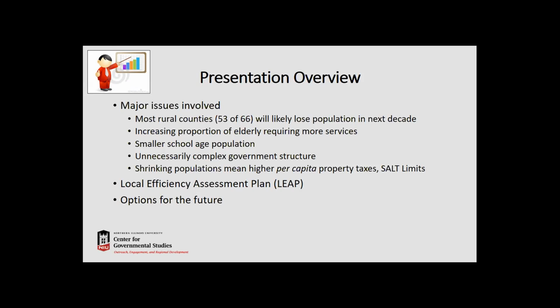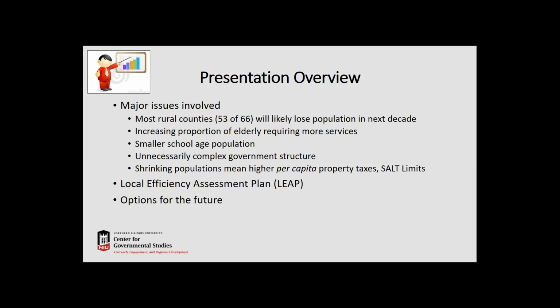So we developed this Local Efficiency Assessment Program. It came out of the governor's task force on government consolidation and unfunded mandates. They identified a number of different types of remedies that could be put in place, and as I recall, they recommended about 27 pieces of legislation. I think 14 to 15 of them actually passed, and there are some coming in for the session this year.